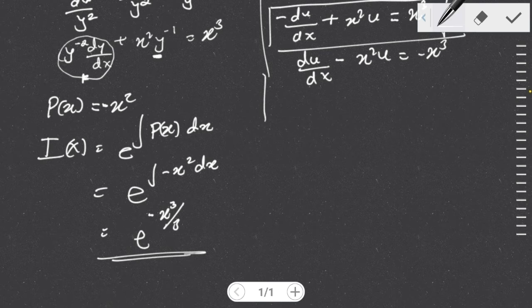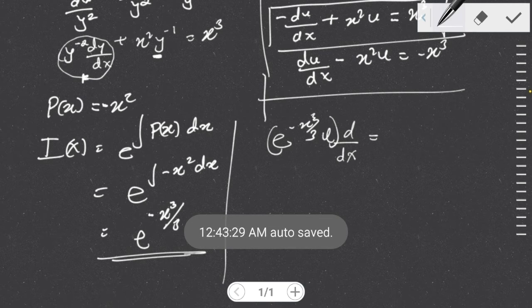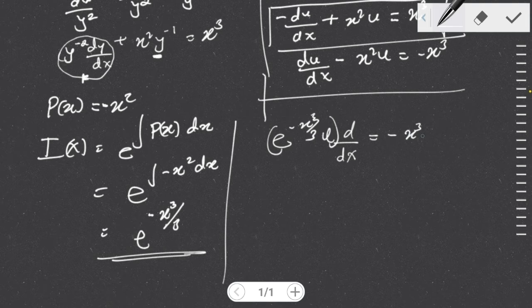Having got that, I have e to power negative x cubed over 3, u in brackets, d/dx, which equals, multiplying throughout, negative x cubed e to power negative x cubed over 3.